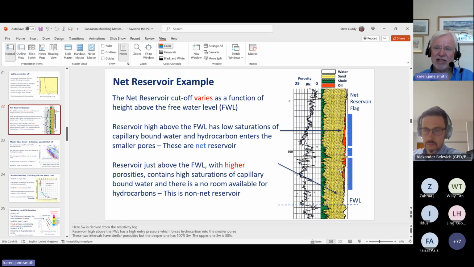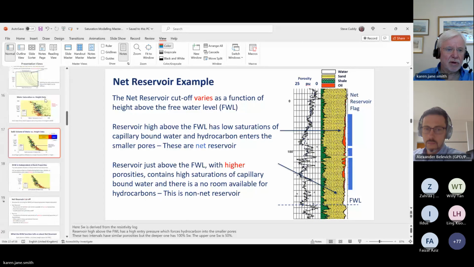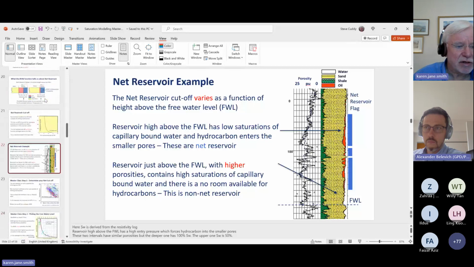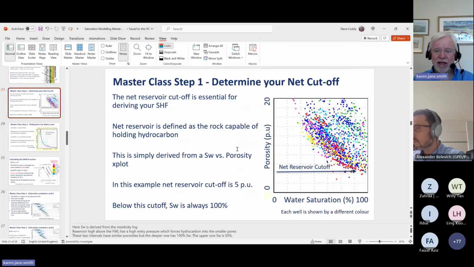It's kind of the first estimate for the net. In this case, the net cutoff is where we're sure we've got no hydrocarbon, and we've plotted it like here. But the net cutoff, as I said on the other slide, is actually varying with depth.